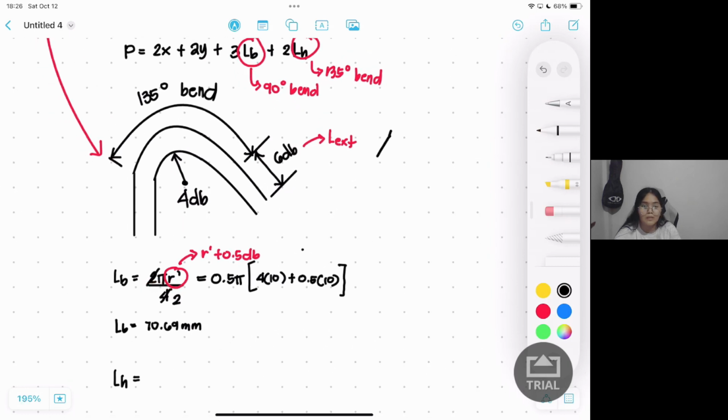So, paano i-compute yan? So, 135 degree. Hindi natin alam kung ano siya. 'Di ba kapag 90 degree, pwede natin siyang tawaging quarter circle. Alam nating divided by 4. And then for the 180 degree, alam natin again kasi that is half of a circle.